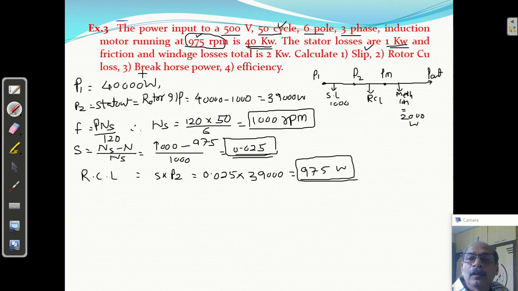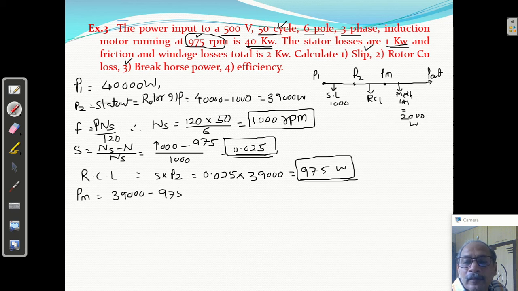Third part, we have to calculate the brake horsepower, that is the output. First of all, we know P2, so we can calculate PM. PM equals P2 minus the rotor copper loss.